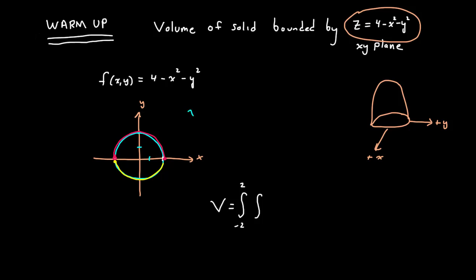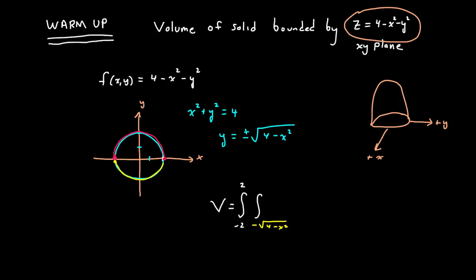So the circle has the equation x squared plus y squared equals 4. And if we're solving for y, y is going to be plus or minus the square root of 4 minus x squared. So that gives us our two functions that we need. The yellow function, the one on the bottom, would be negative square root of 4 minus x squared.